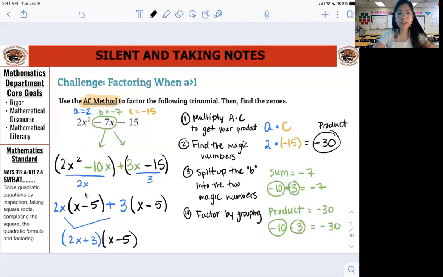Just x minus 5. It doesn't get squared. And that's a little bit complicated to explain. I will explain it. But for now, just notice what happens. We put these together. 2x plus 3 comes together. And then I'm left with x minus 5. And that was my last step. I'm actually done.